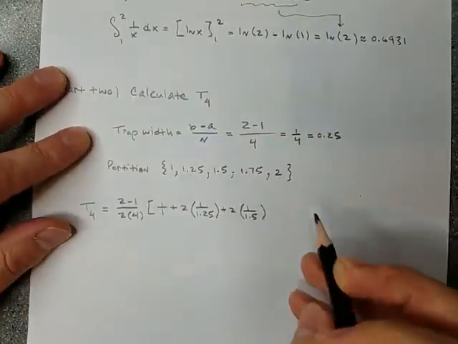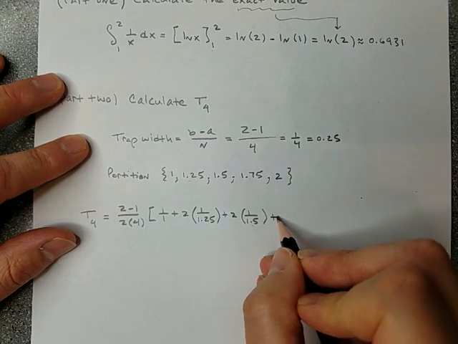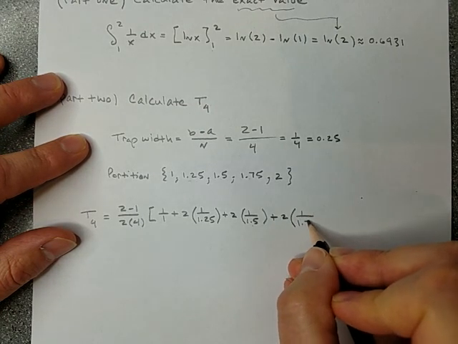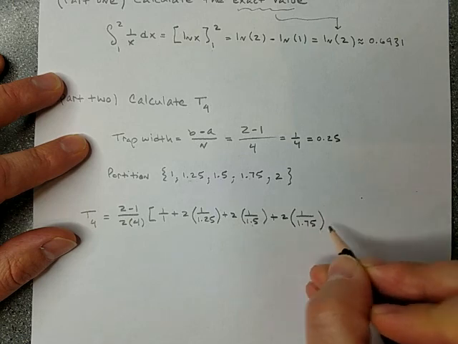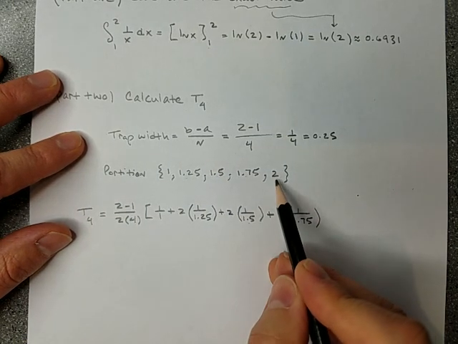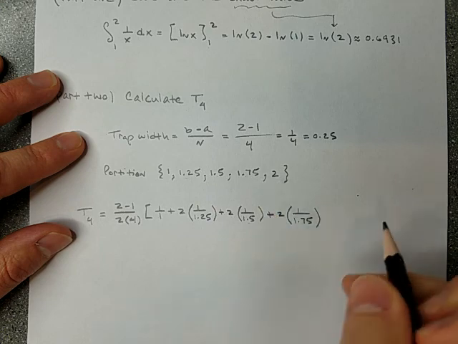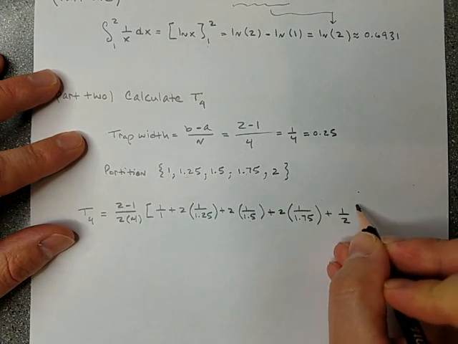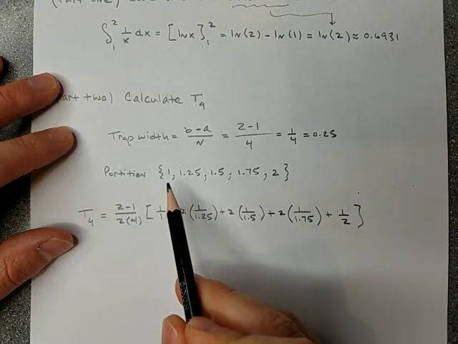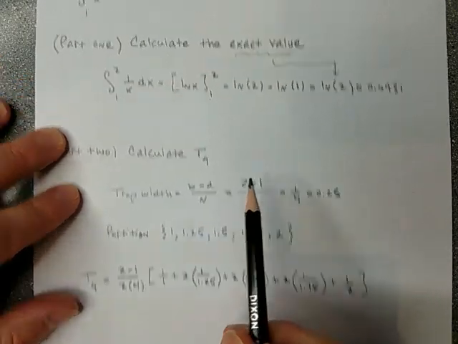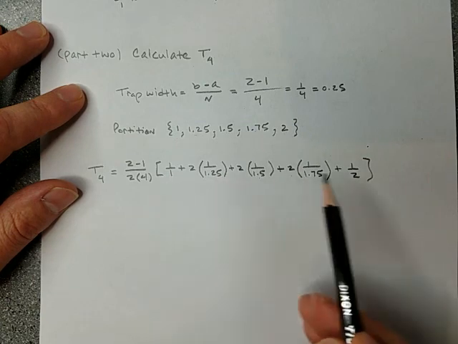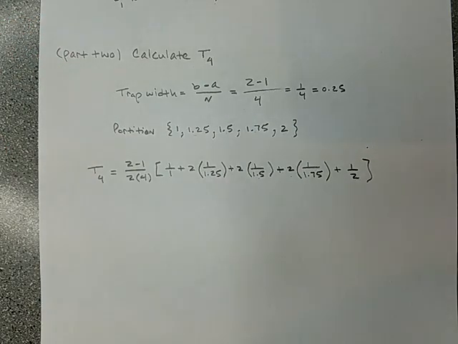F of x is 1 over x. Okay, so keep going. 2 times 1 over 1.75. And now I'm to the last one right there. 2 is the last element of my partition, and so I just need to do 1 over 2. So I put every single element of my partition into my function, and I doubled all of them except for the first one and the last one, and that's what I said that you would need to do.